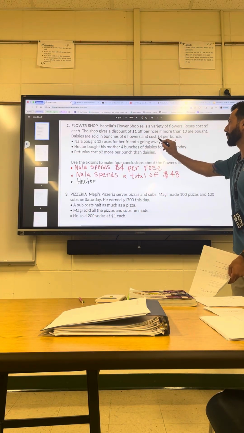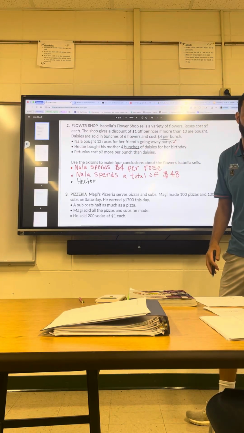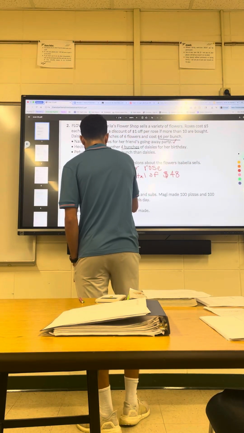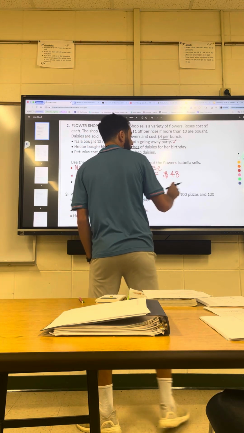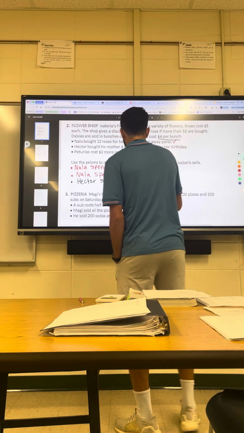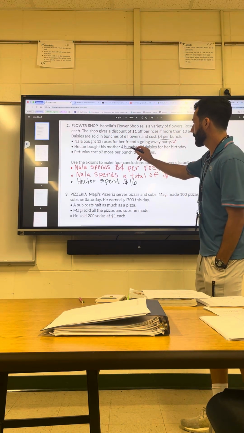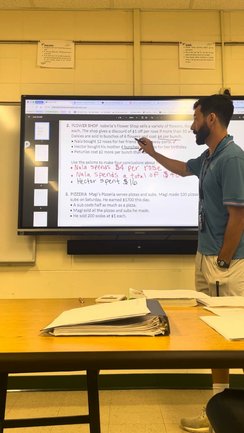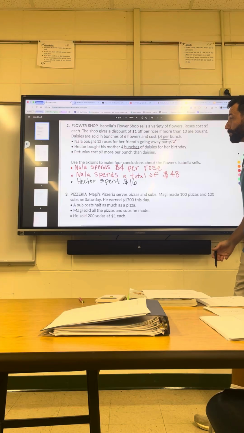So it's $4 per bunch, and he got 4 bunches. So he spent $16. You could also say Hector got 6 flowers in each bunch, so he got 24 flowers for his mom.